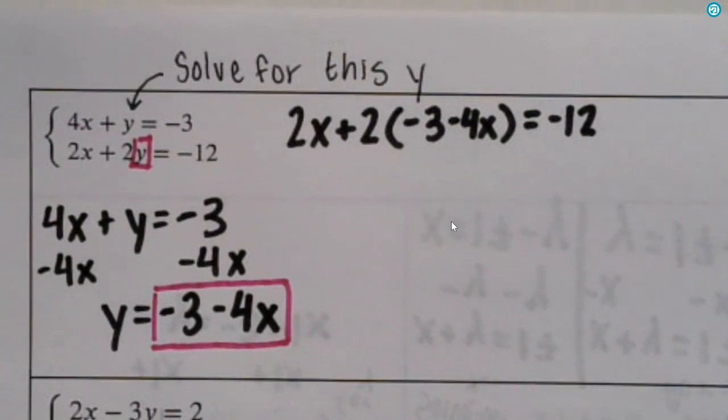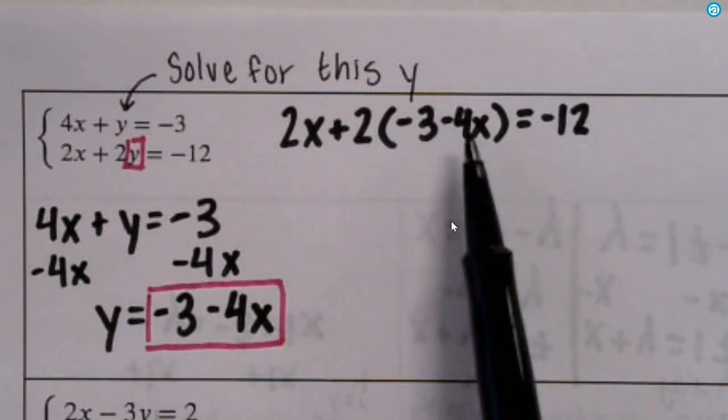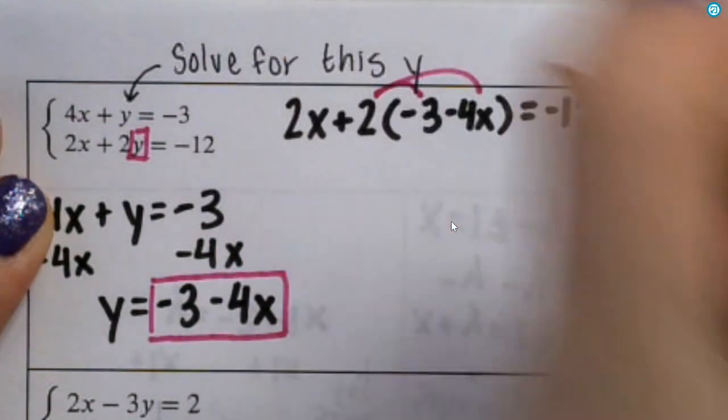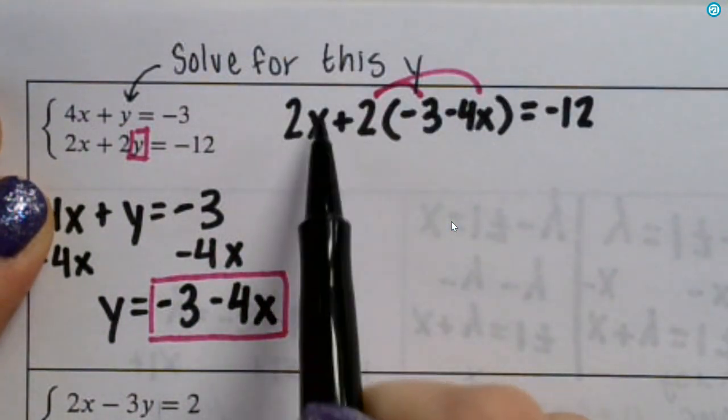Okay, from here, that was step 2, was to substitute it in. Step 3 is to solve for a variable. So we can now solve for x because we've got an x here and an x here. So eventually those will combine. So we're going to distribute right here. So this stays 2x.